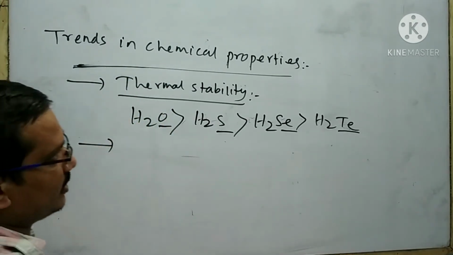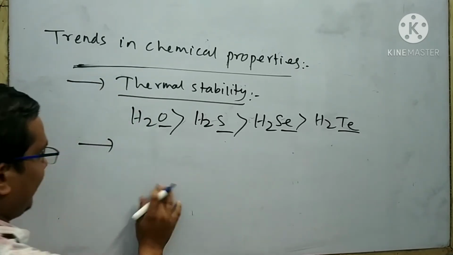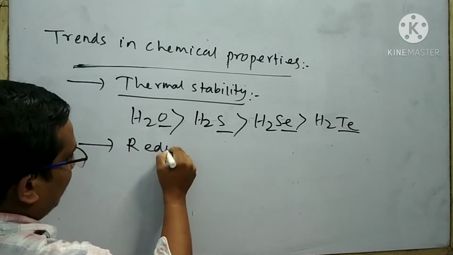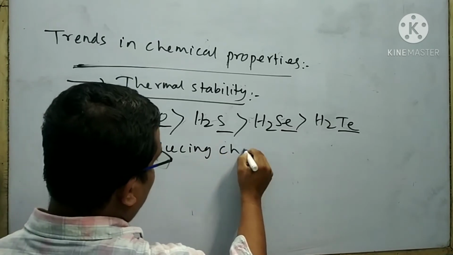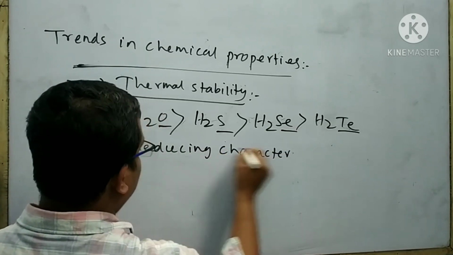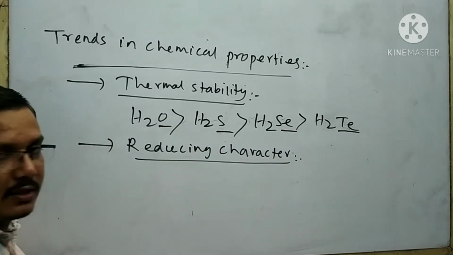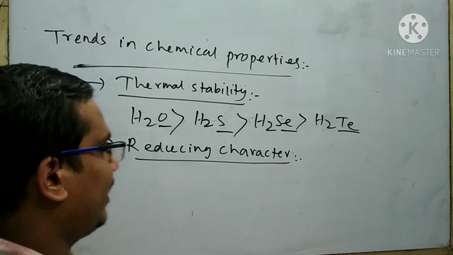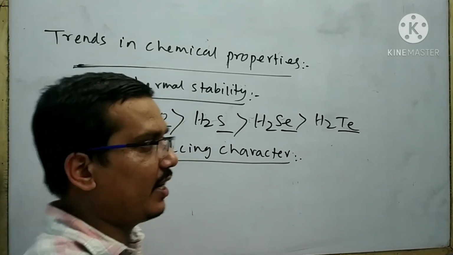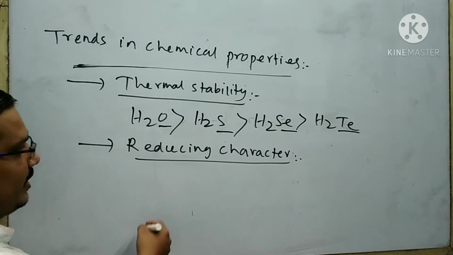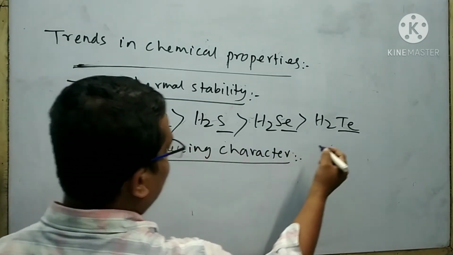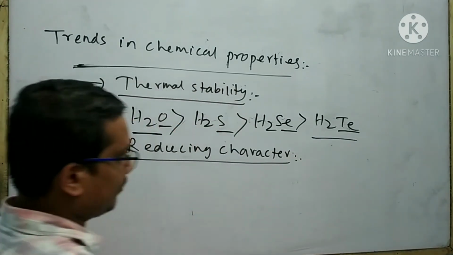Next characteristic of hydrides is reducing character. The thermal stability of hydrides of group 16 elements decreases from H2O to H2Te.